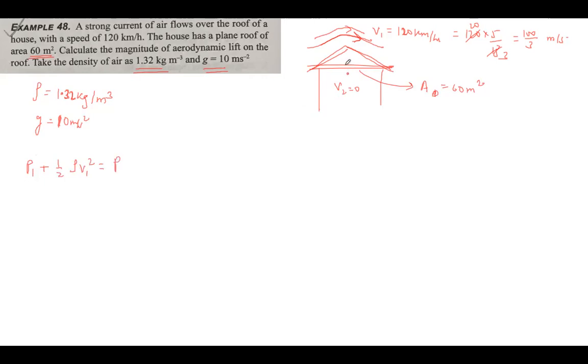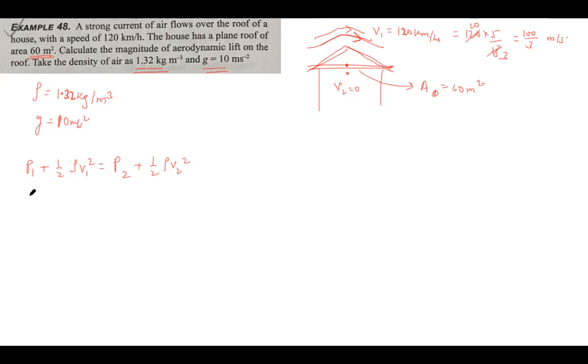The air here and here we assume to be at the same height, just above and just below. This is equal to P2 plus half rho V2 square. The pressure inside is equal to the atmospheric pressure, P2 is equal to atmospheric pressure.